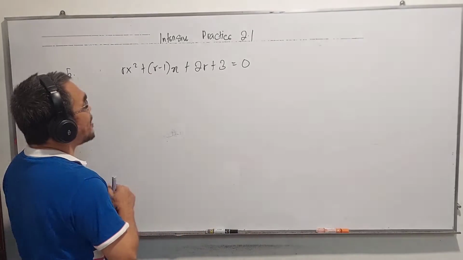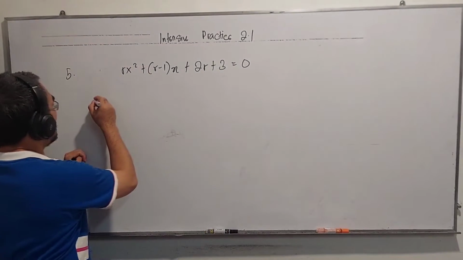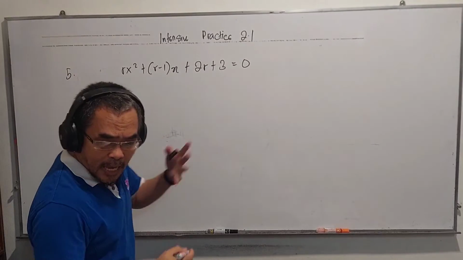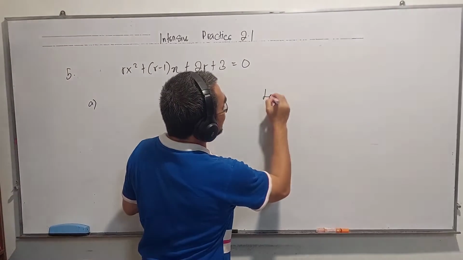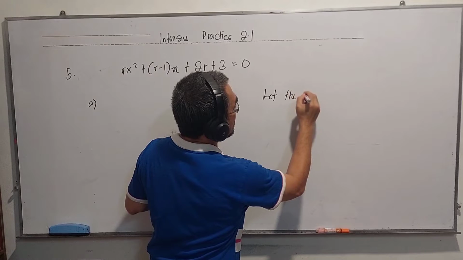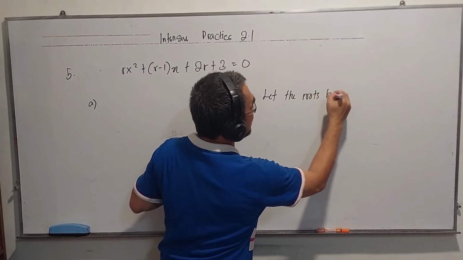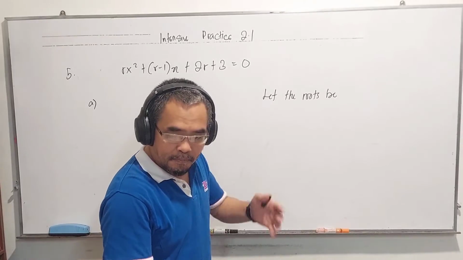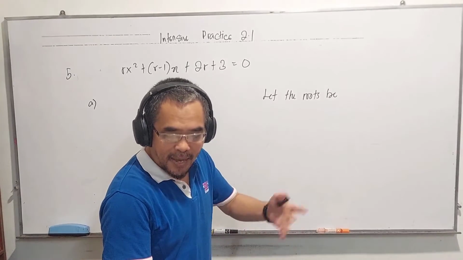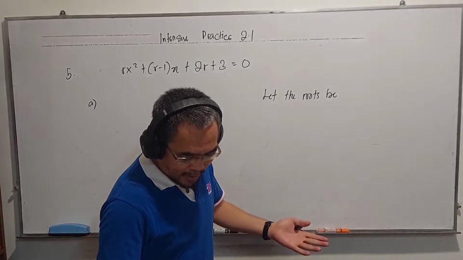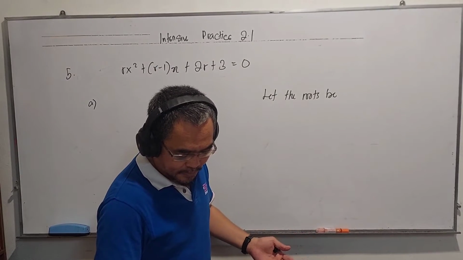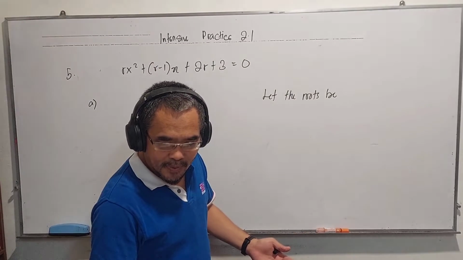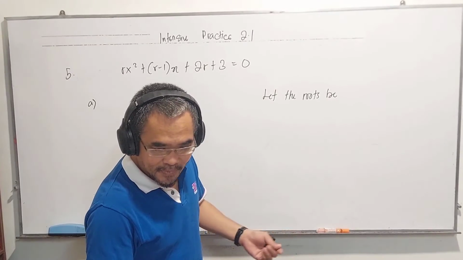You do not know the first root, you do not know the second root. So for A, you have to say, assume, let the roots be... what algebra letter do you like? P, Q, R, S, M, N, K, L. Give me one, except R. H, for example.